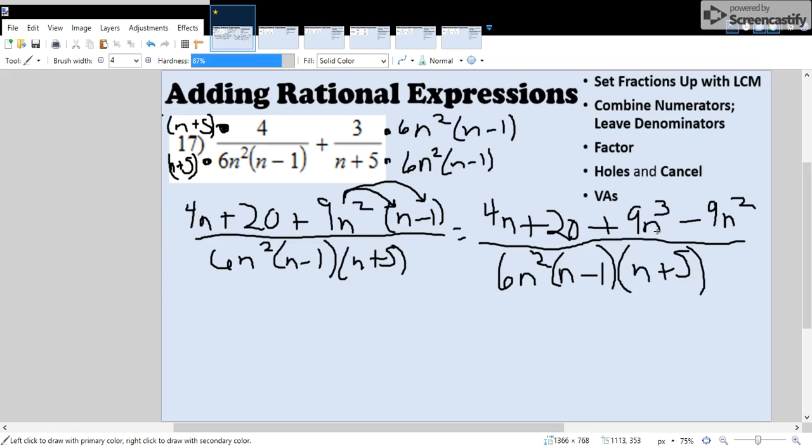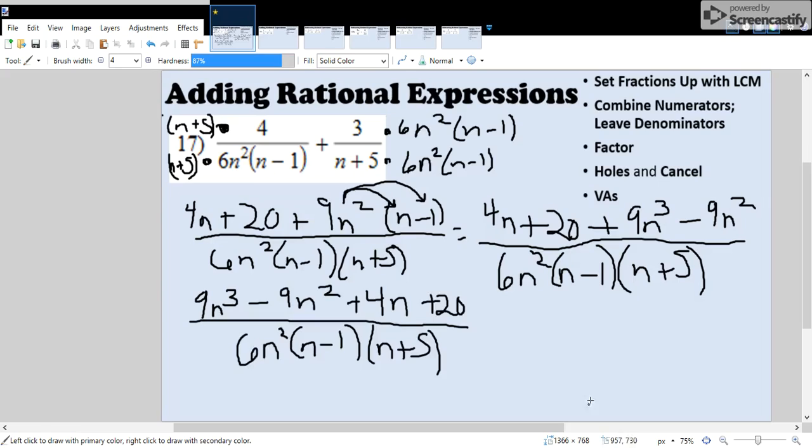So go ahead and reorder these top terms so that the n cubed is first, because it's the one with the biggest exponent. That's your leading degree, your leading term. Okay, so from here we're going to see if we can factor anything up there.